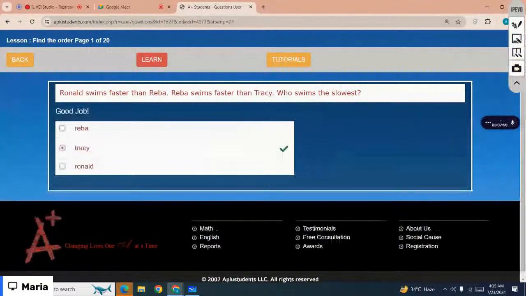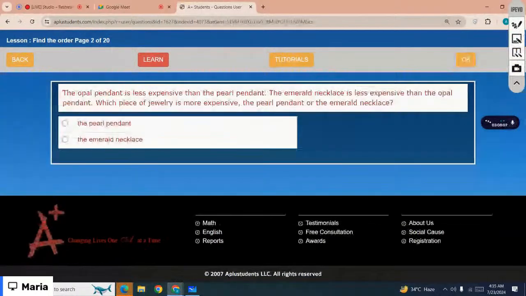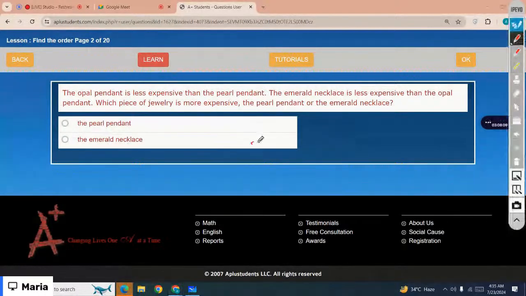Very good. Okay, the next one is the opal pendant is less expensive than pearl. So opal one is less expensive and pearl one is more expensive. The emerald necklace is less expensive than the opal pendant. Emerald is less expensive.